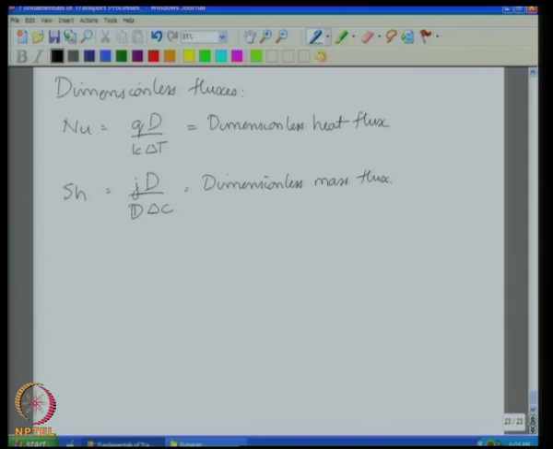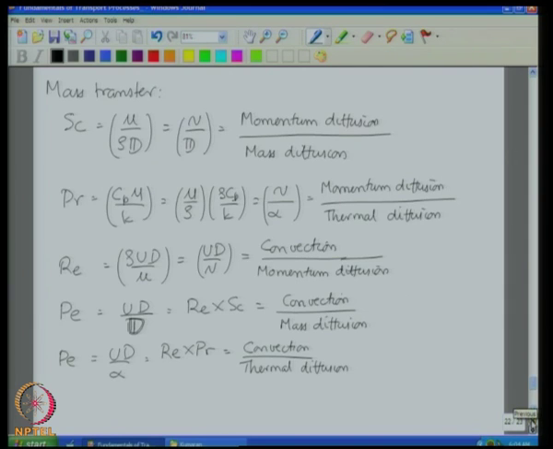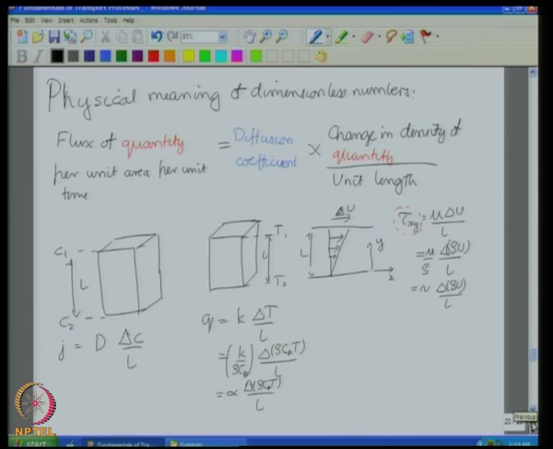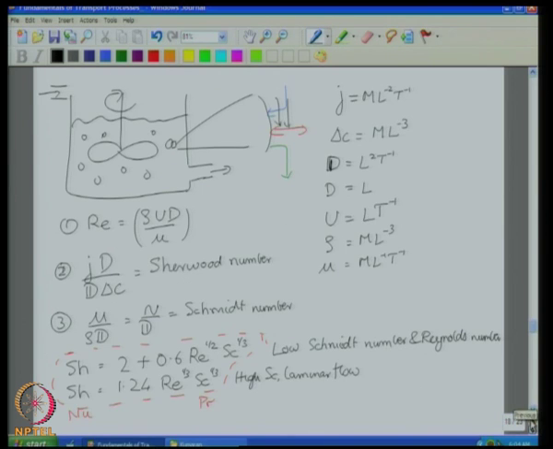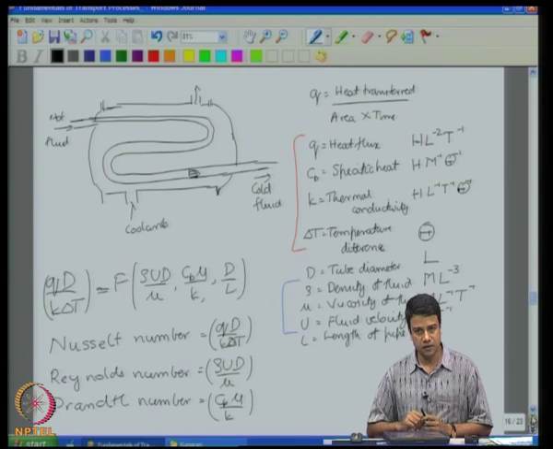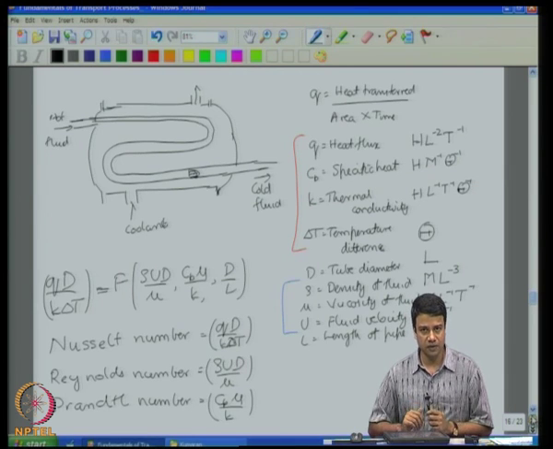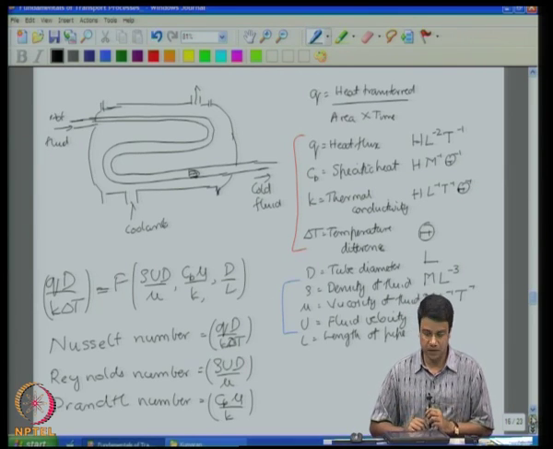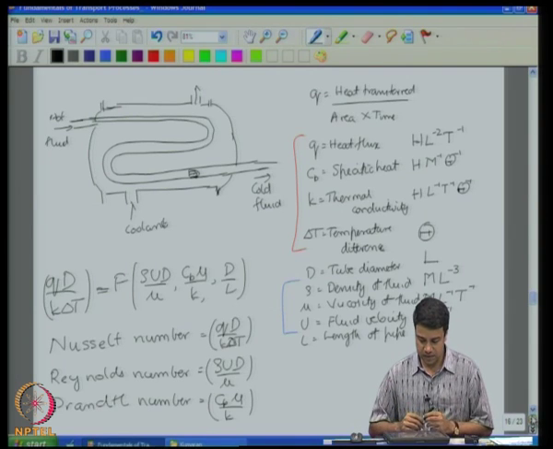To summarize what we have done so far, we first looked at the heat transfer problem in a heat exchanger, and we started doing it simplistically, the way we normally would for a dimensional analysis problem. We listed all the variables: the heat flux, specific heat, thermal conductivity, temperature difference, as well as the mechanical parameters that can affect this: the tube diameter, the density and viscosity of the fluid, fluid velocity, and the length of the pipe.